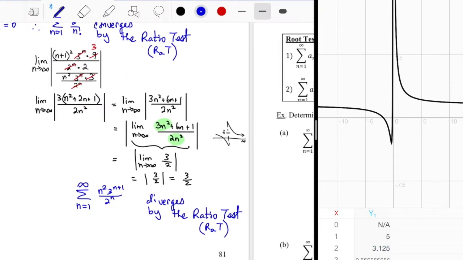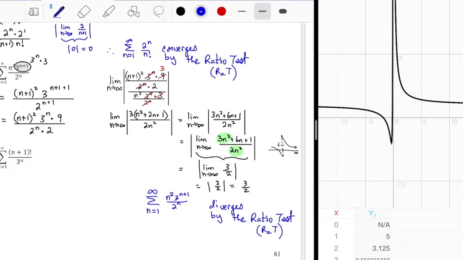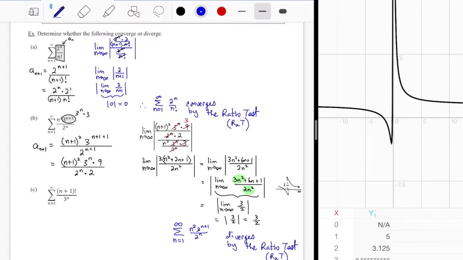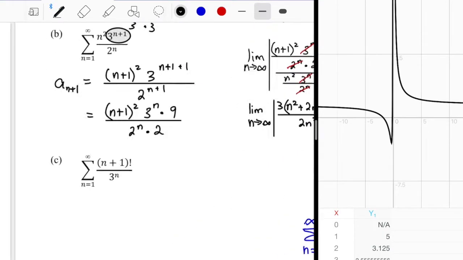Yes, diverges. Alright, so that's that. It kind of spilled into the part C area, but part C won't need as much space, so we'll be good there.